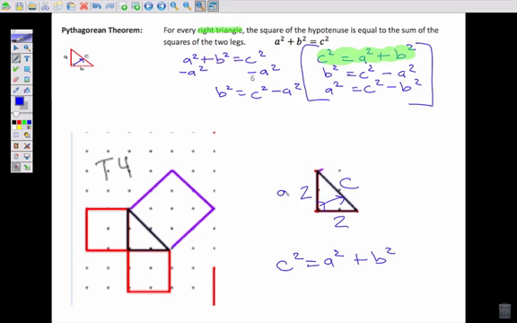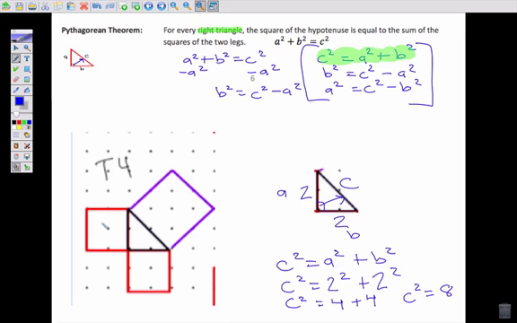I'm going to call this one A and this one B, it doesn't really matter. This one is C. So C squared is going to be equal to A squared, which is 2 squared, plus B squared, which is also 2 squared. So C squared equals 4 plus 4. Then we have C squared is equal to 8.